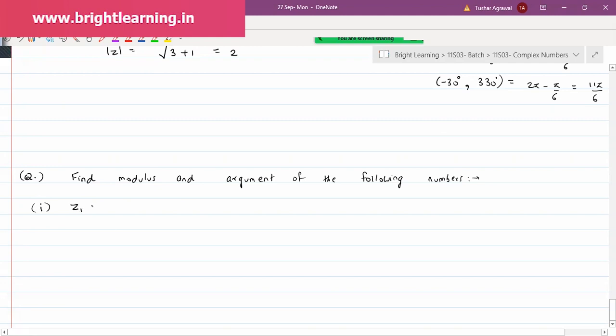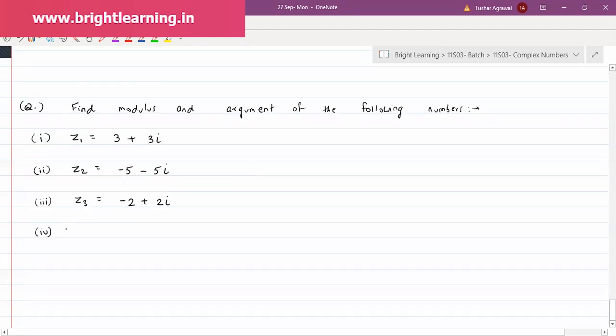First, z1 is equal to 3 plus 3i. z2 is equal to minus 5 minus 5i. z3 is equal to minus 2 plus 2i. z4 is equal to 5 minus 5i.